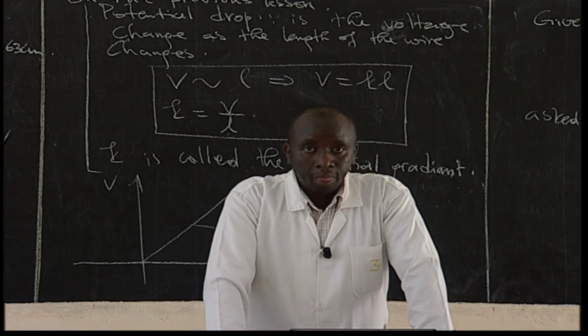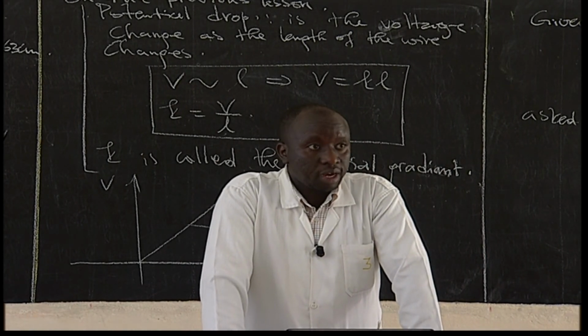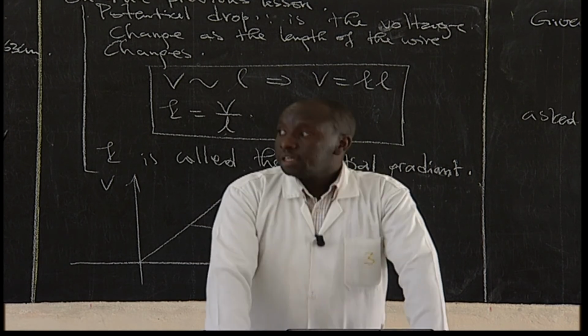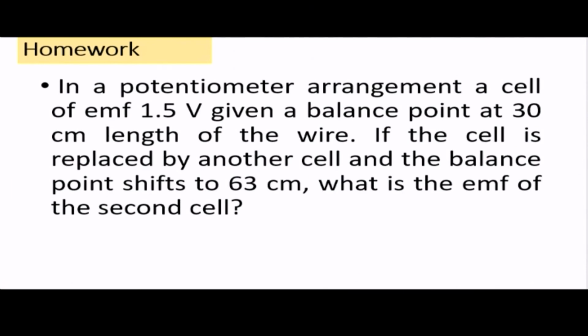Students, I want you to work on this question as homework, right? So copy it, and then solve, and I want you to add on more other questions from the different books, right?